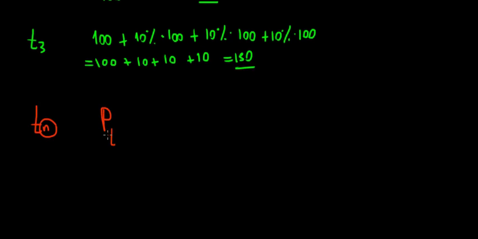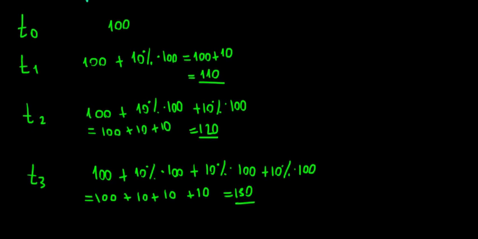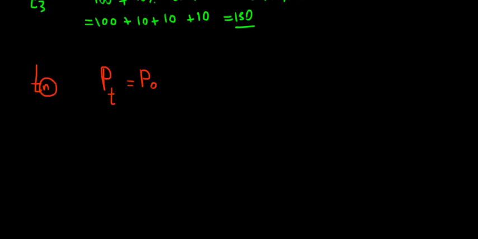So the payment at a certain point in time equals the initial payment. Remember, that's the $100 from the first year, from here, multiplied with 1 plus the interest rate times the amount of periods.